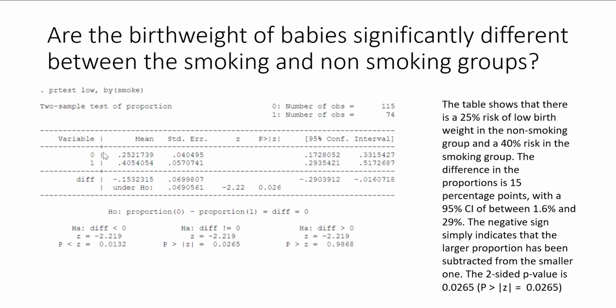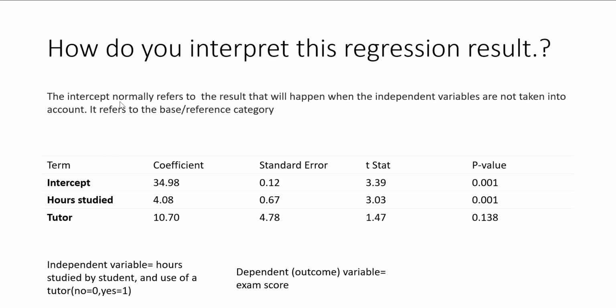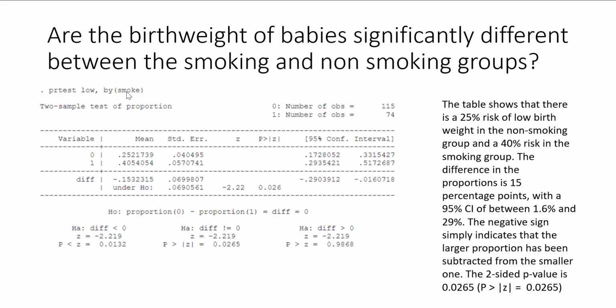Sorry, there is always a reference group. So the reference group means the default value when the researcher has not manipulated any of the independent variables.